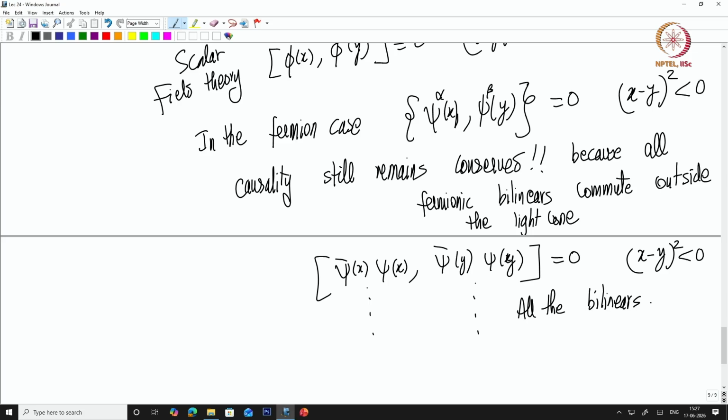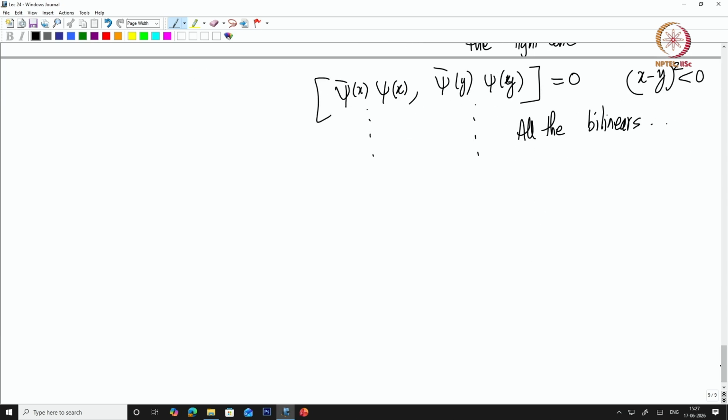So causality is not violated. There is no real issue there, but this is a subtle point which you should keep in mind.